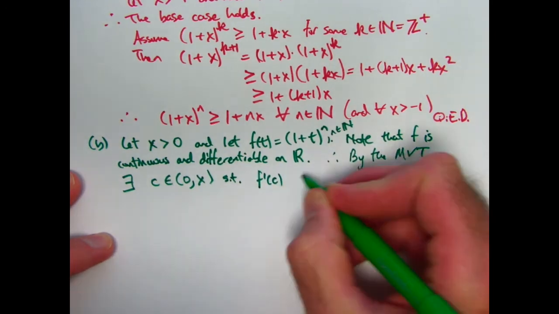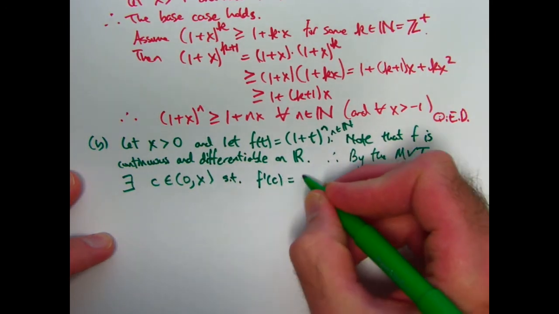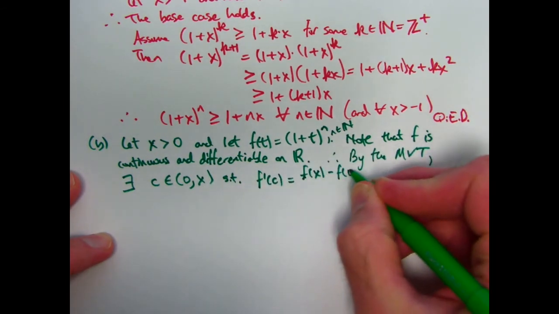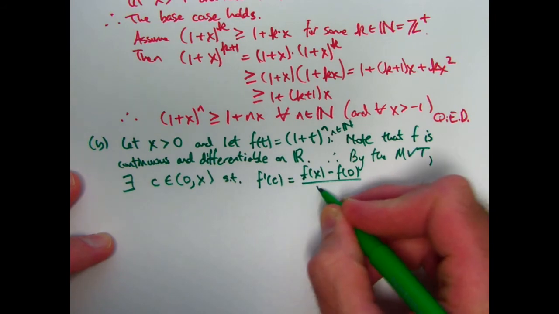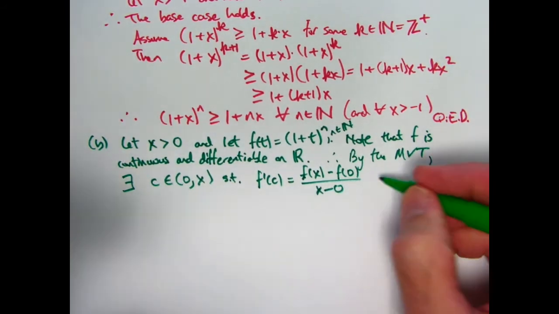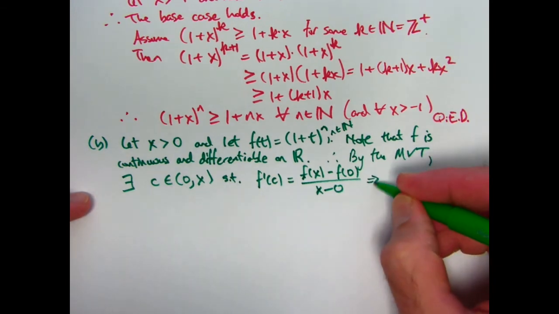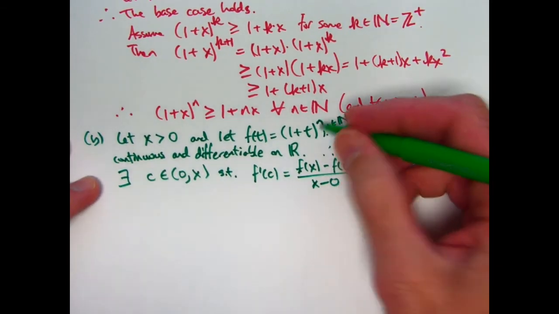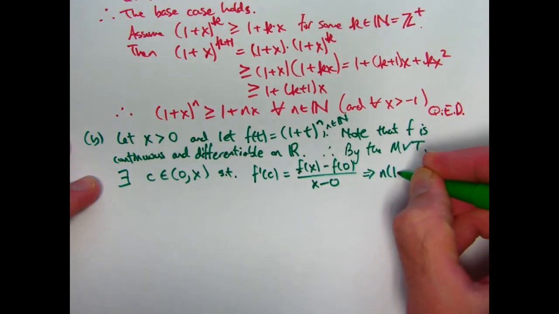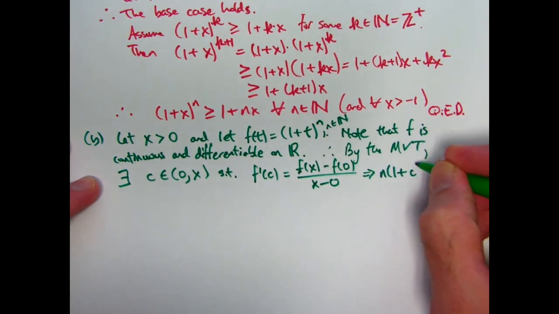The derivative of f at c is f of the right endpoint x minus f of the left endpoint 0 divided by x minus 0, the right endpoint minus the left endpoint. And this simplifies to, assuming you know the derivative, n times 1 plus t to the n minus 1. Replace the t with c.